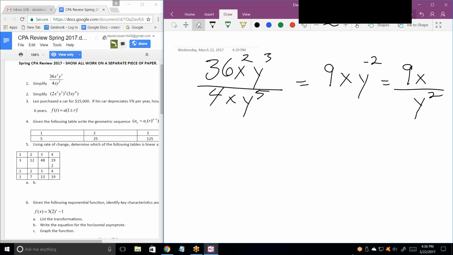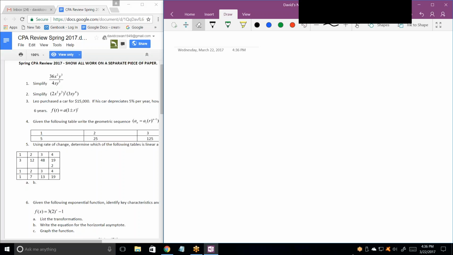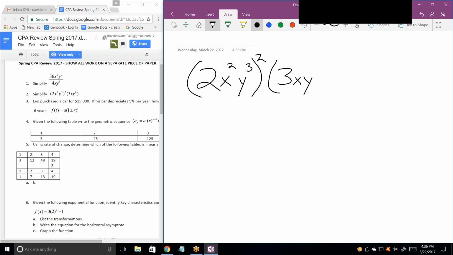All right. Let's take a look at the next one. Let me go ahead and write it out. For some reason, I feel more comfortable when I have it written on my thing. Now, okay, the parentheses are needed. What's the first thing we want to do here? Does it give you exponents?